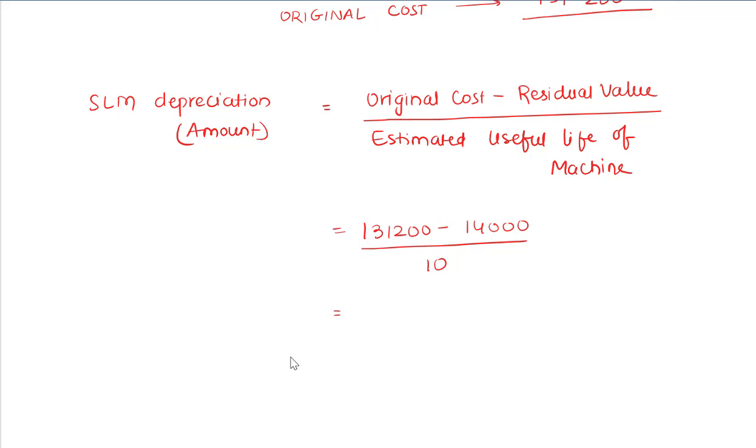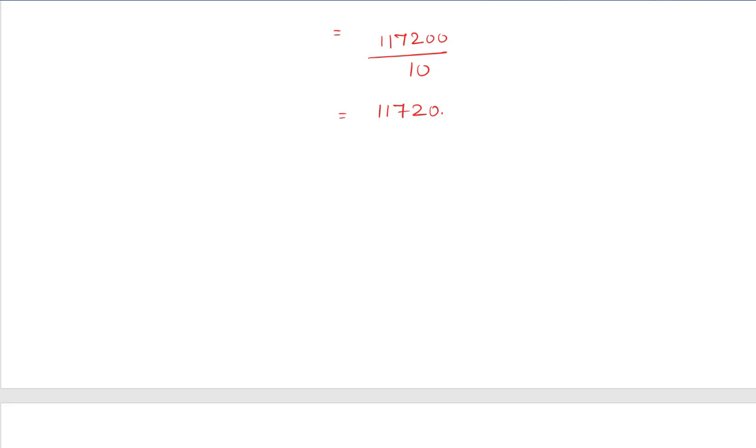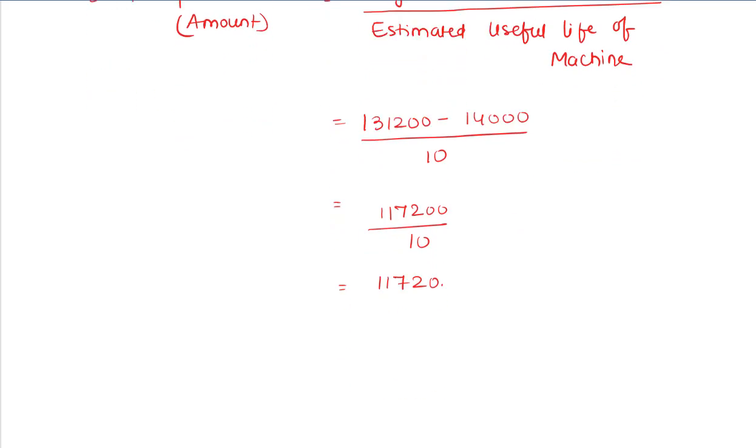First you subtract, this is 1,17,200, then divide by 10 equals 11,720. I believe it is clear to all of you.